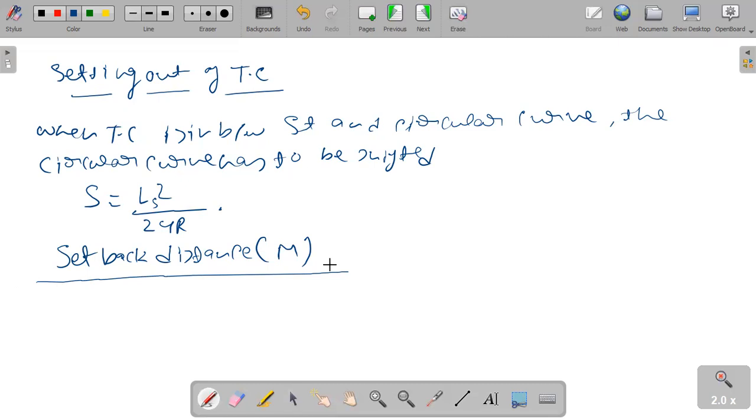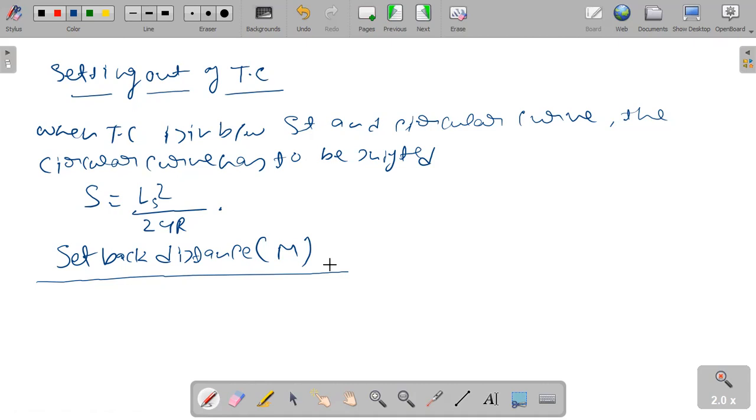Okay, and here also we have cases. We have two cases here. One is when length of horizontal curve is greater than sight distance, and another one is when length of horizontal curve is less than sight distance. We'll discuss formulas of case first, which will help you in solving numericals.